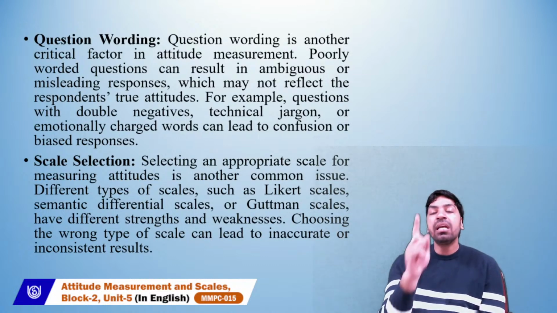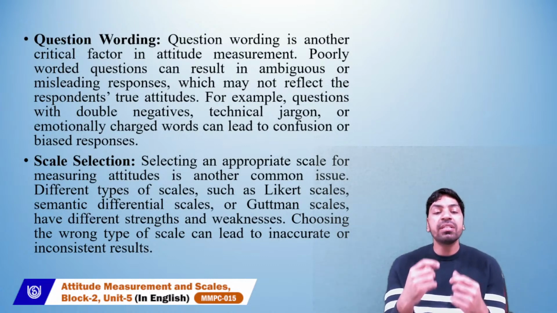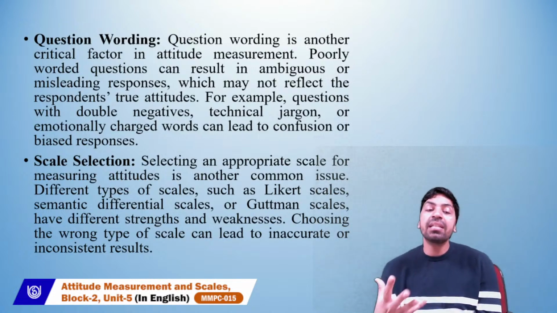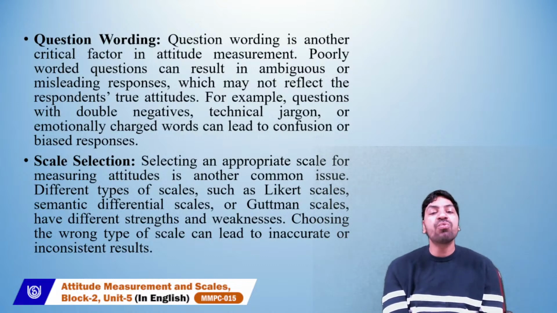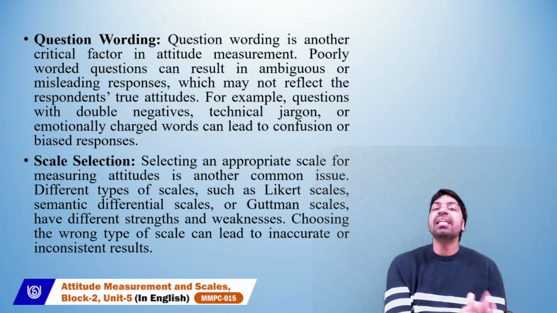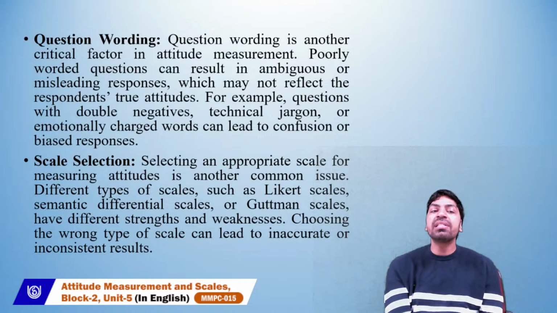If the researcher is not able to select the appropriate scale, it leads to inaccurate or inconsistent results for the data measurement. So that is called scale selection as well. These types of scales will definitely be covered in the upcoming slides in detail.